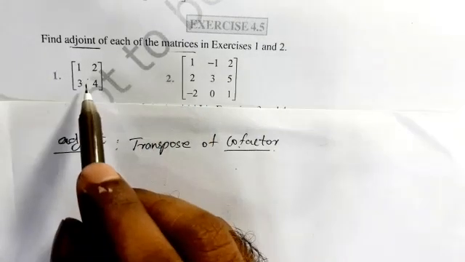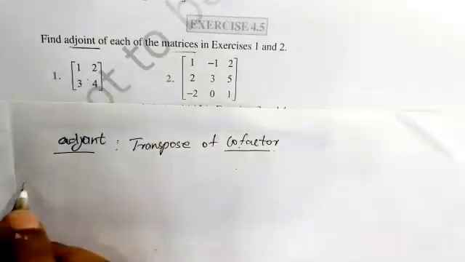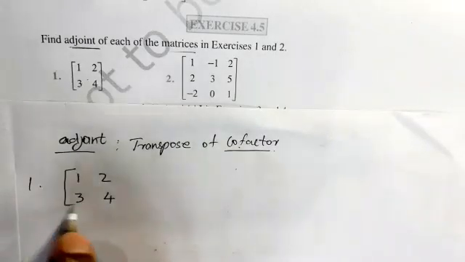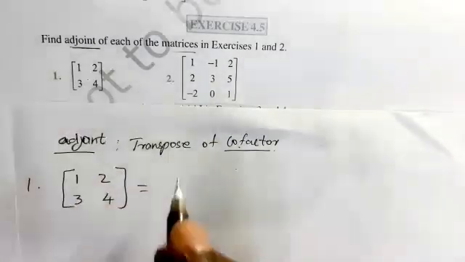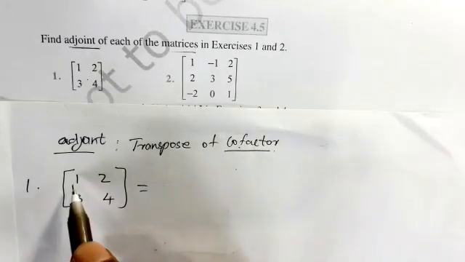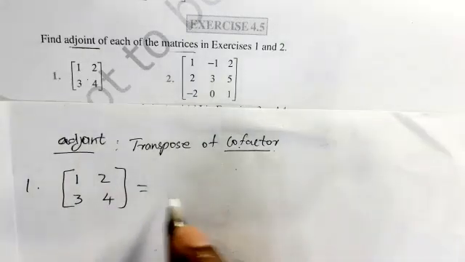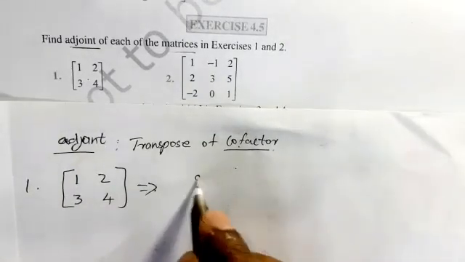So first we can take question 1: the matrix 1, 2, 3, 4. Therefore, we can find the cofactor of each element. This element is in the position A11.